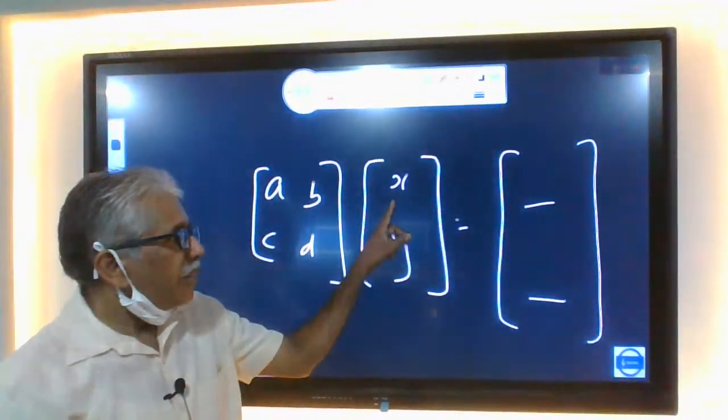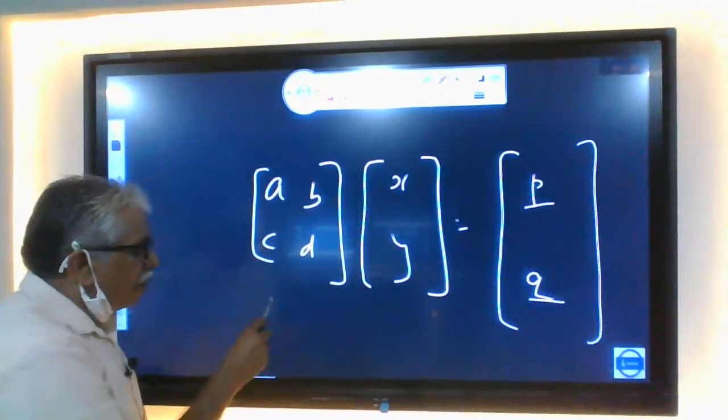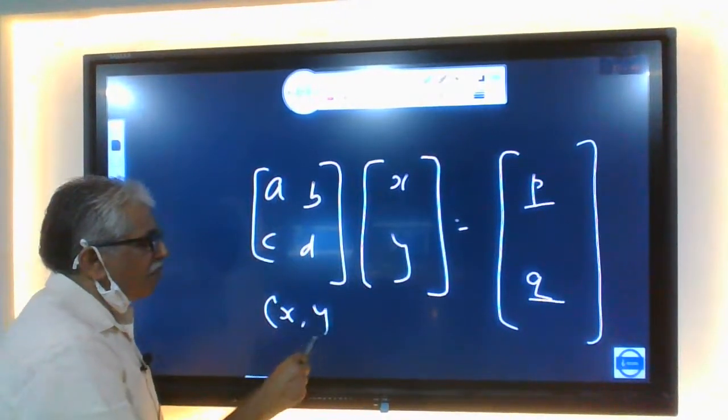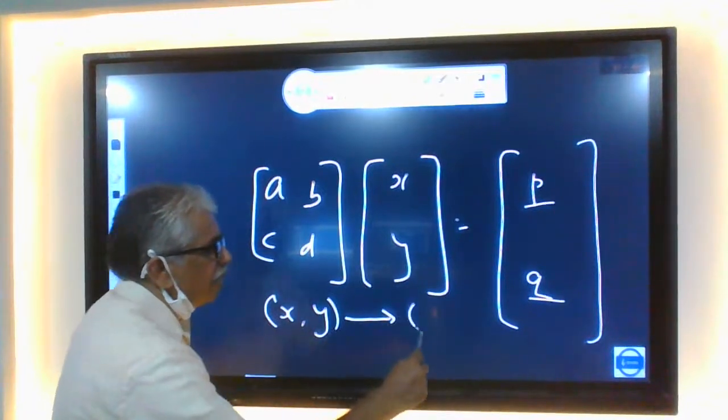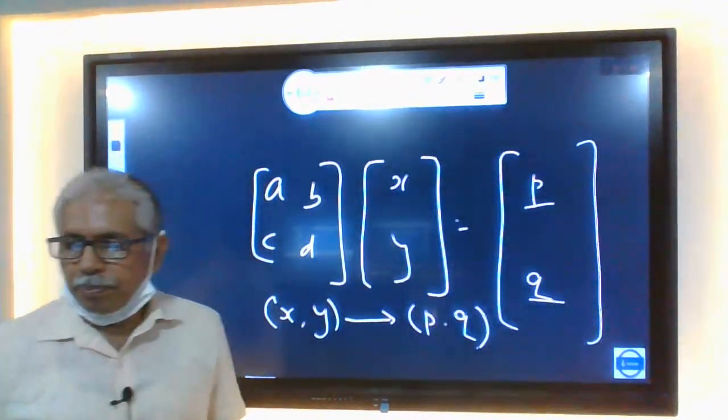This will give you x, y mapped to p, q. Or you will say the matrix is actually mapping the point x, y to the point p, q.